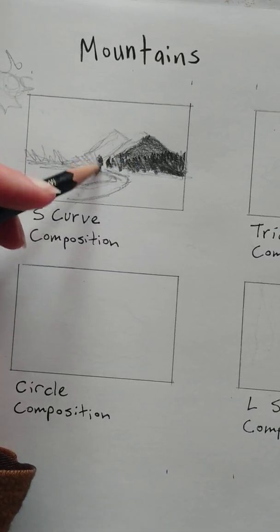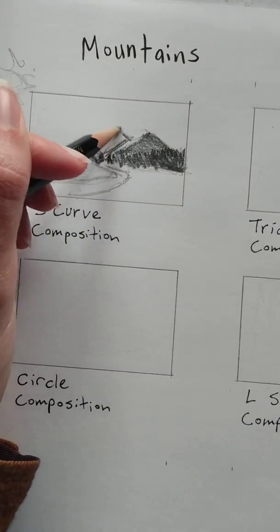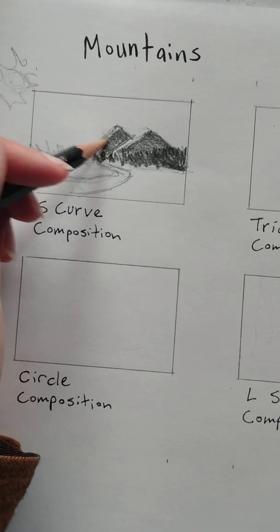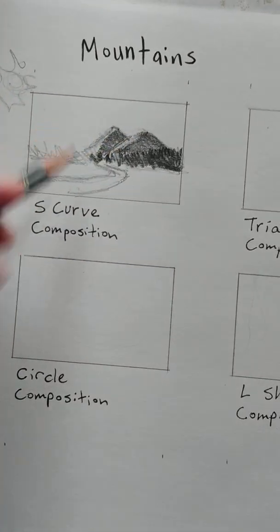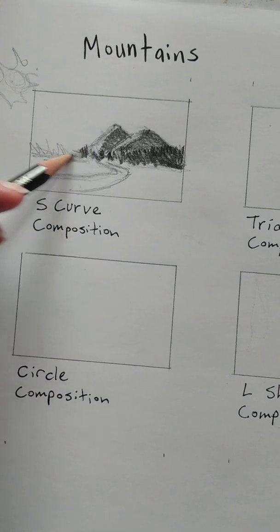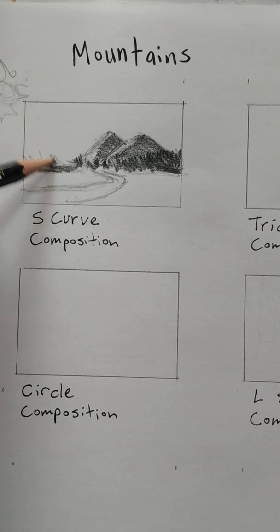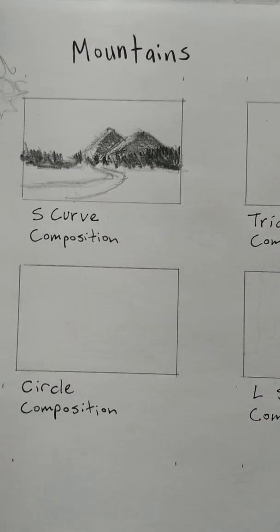Okay, I'm going to try to cut that S up just a little bit, but it's still there. And if you are doing shading, a good way to do that is by either pressing harder or pressing softer with your pencil.